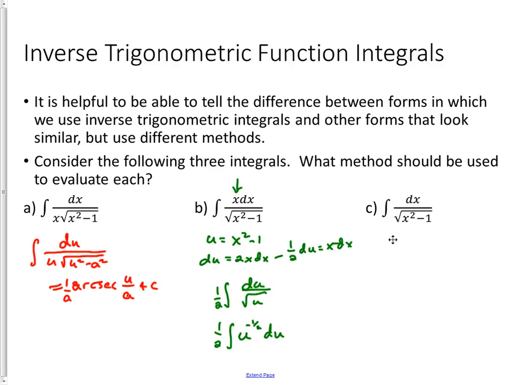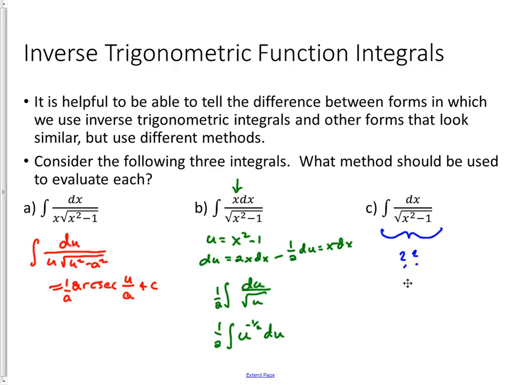Now, in this last case, we've got a little bit of a different issue because there is no x in the numerator and there's no x in the denominator, and it's not exactly the same as the arcsine either, right? Arcsine would be the one where we have du over the square root of a squared minus u squared, and that order is important. So I'll tell you, in this particular case, we don't have the capacity yet to do that.